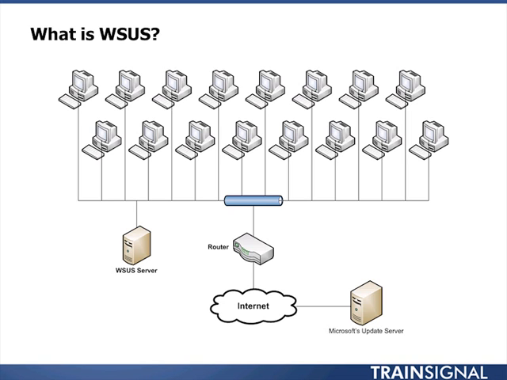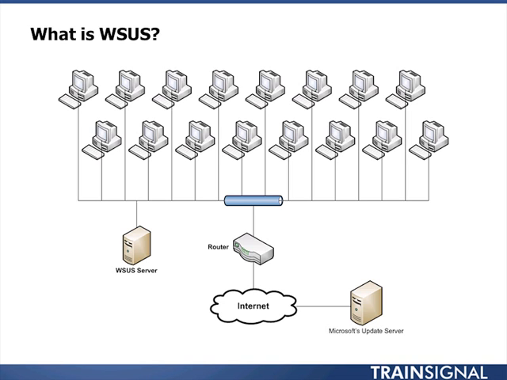Some people will choose to put the WSUS server, we'll say in like a DMZ, right, or a perimeter network, so that it's shielded. Since it's the one that's actually going out and communicating on the internet, we want to shield it from the actual internal network for security reasons. But it has connectivity, and it's accessible from the internal network.